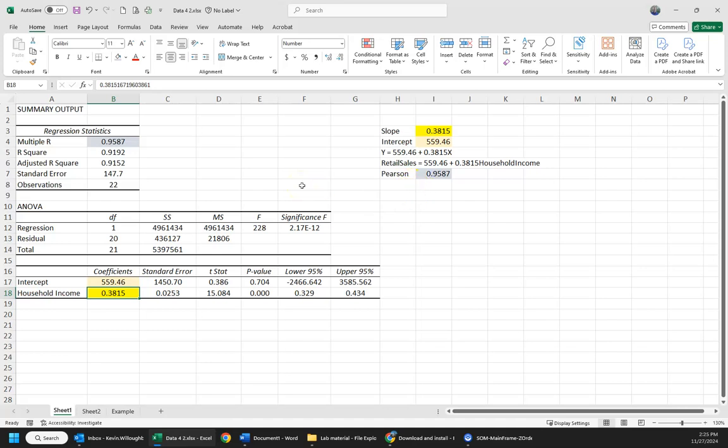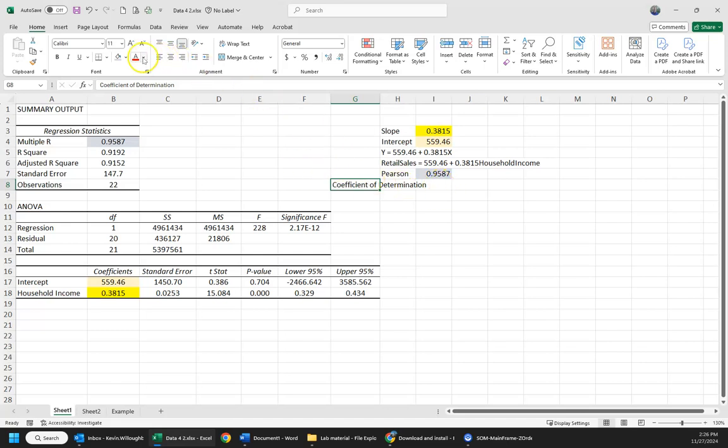How much of the variability of y, or retail sales, is explained by the variation in x? This is called the coefficient of determination, the goodness of fit. It is the measurement of the variability of one variable as expressed in the other variable.